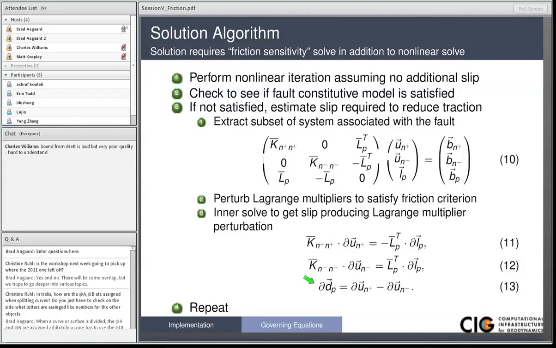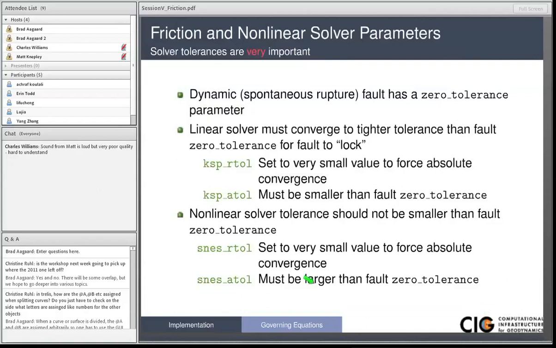So hopefully in those cases we'll end up with a faster convergence. But for right now, this works quite well when we have slip confined to just a small section of the fault in the middle of the model.